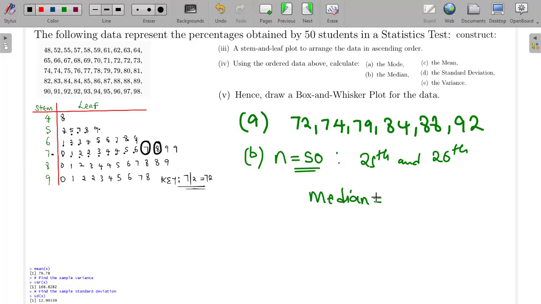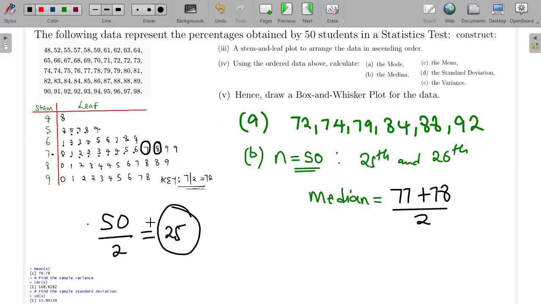So that is 77 and 78. Okay, so now we're just going to add those numbers at those positions and then divide by 2. That will be our median. So now someone might ask, how did we find 25 and how did we find 26? Okay, it's easy. We have 50 test scores and 50 is an even number. So 50 divided by 2, you get 25. So this is the first position where I'm going to have a number that is going to be involved in the median.